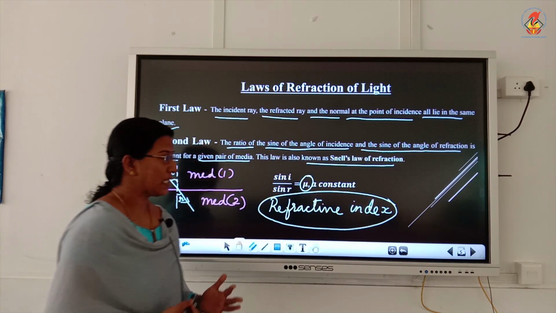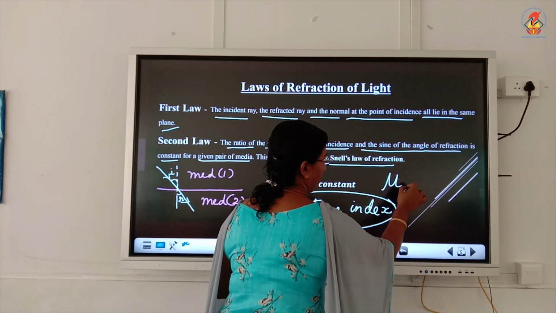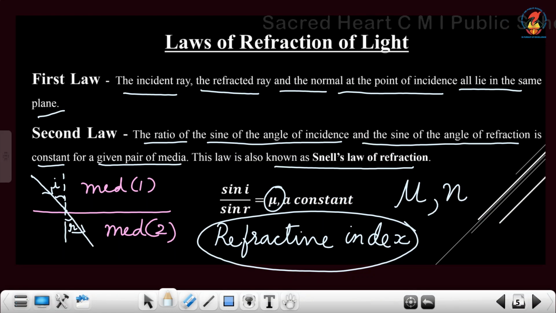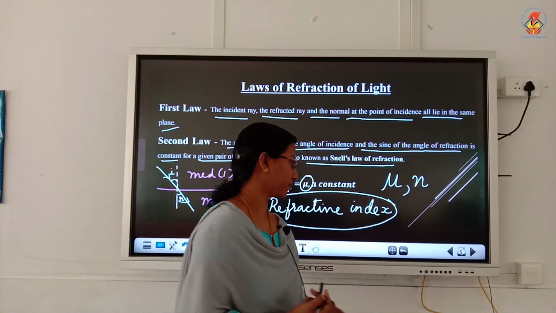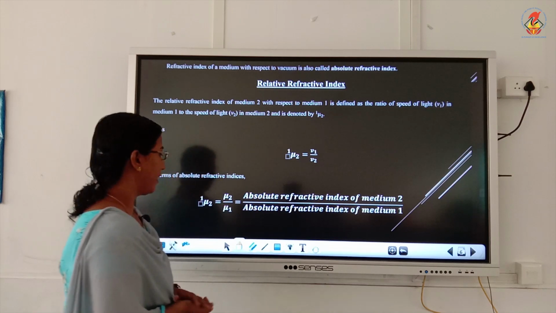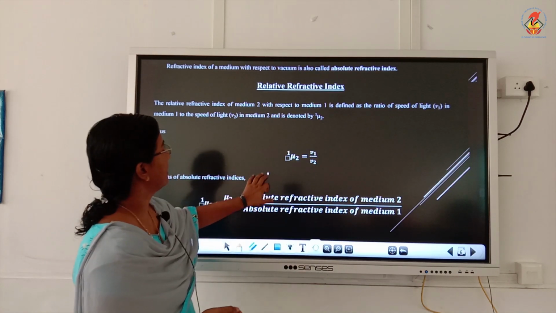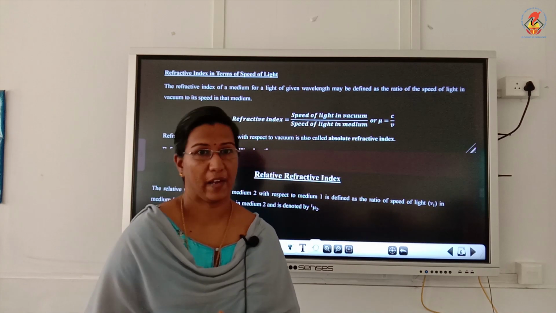Now, refractive index is denoted by either the letter mu or the small letter n. These are the two notations used to represent the refractive index of the medium. You can define refractive index in terms of the speed of light or in terms of the wavelength of light.